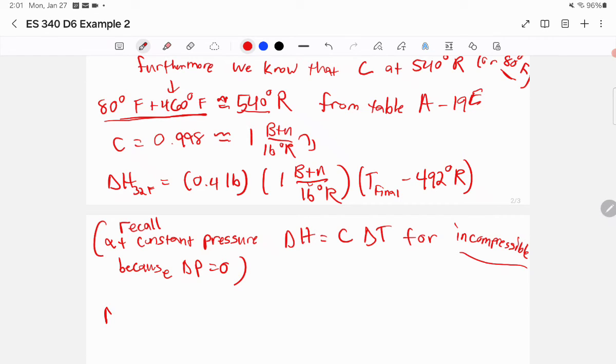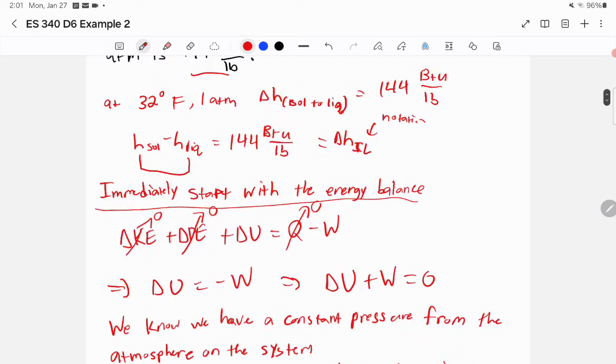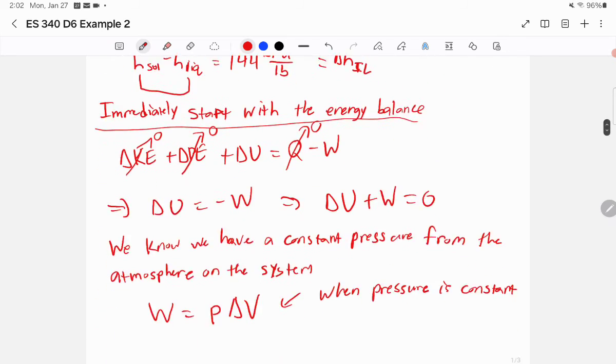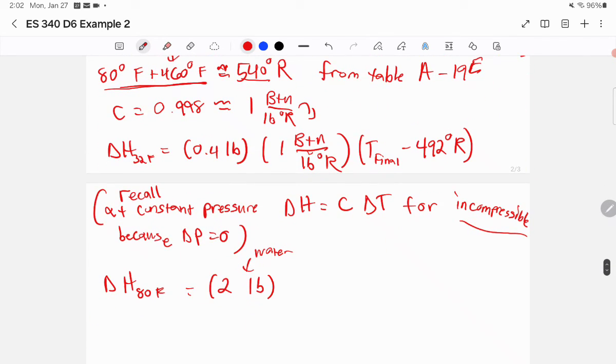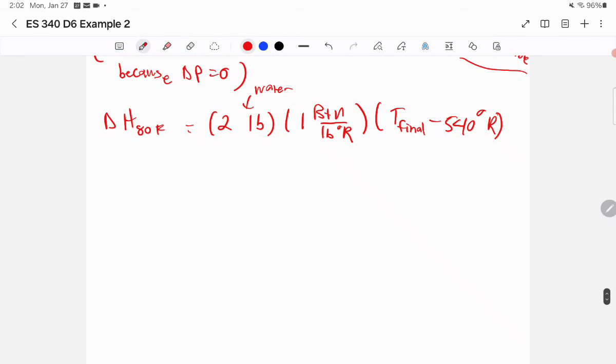So that means also it's going to be very similar, delta H for 80 F, except for now this is 2 pounds of water, which we had from up here, 2 pounds, times, again, the 1 BTU, because it was constant per pound degree Rankine, times the T final minus 540 degrees Rankine.